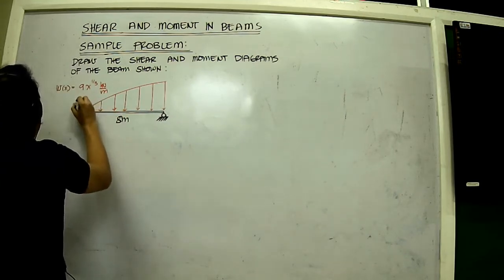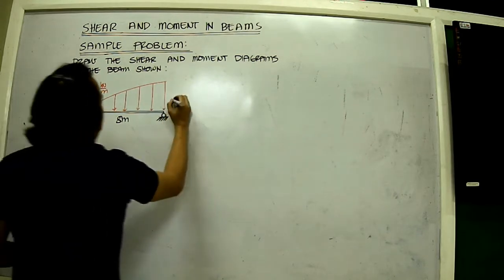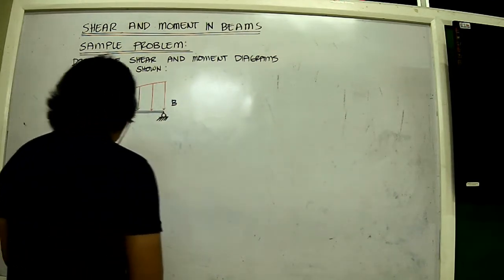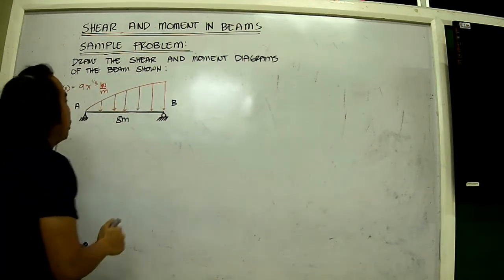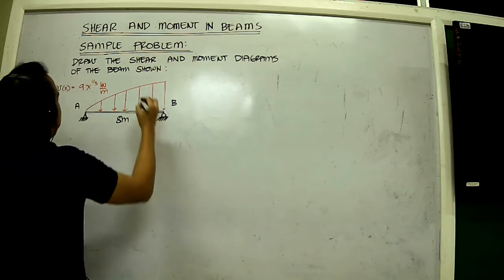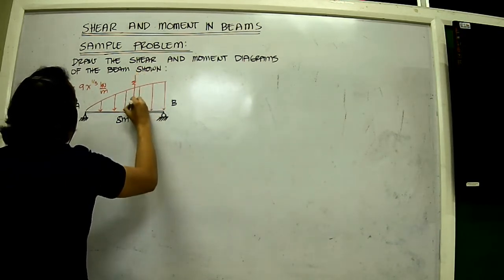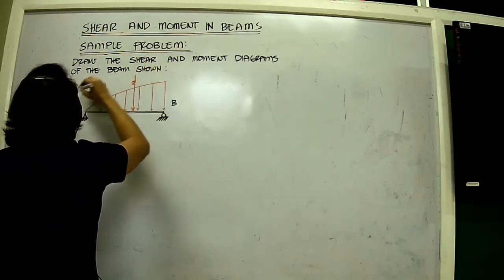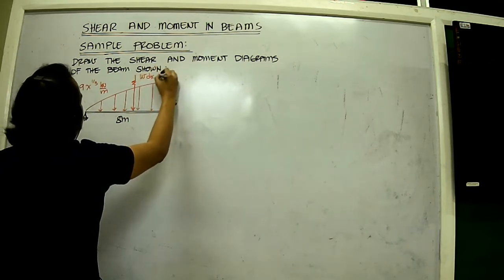Now, just follow along. This is point A and this is point B. I want you to imagine that this is a concentrated load, and then I will have Wx times dx.